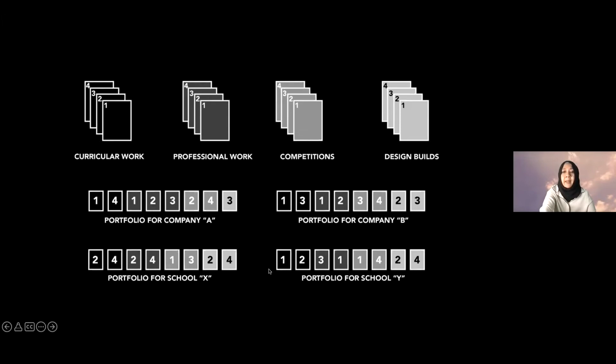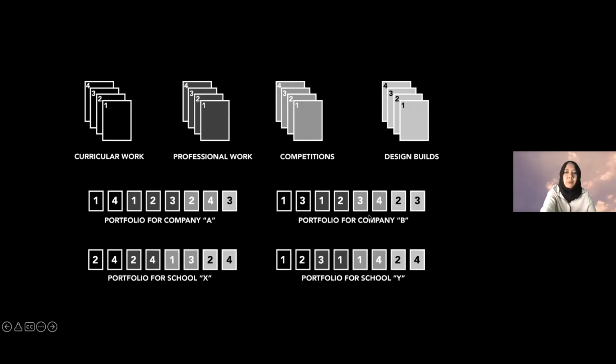And then you will have to prepare and think about how you will be hired by company A or company B, or if you want to pursue a higher degree, a master's degree, at University X or at School of Architecture Y, for example.